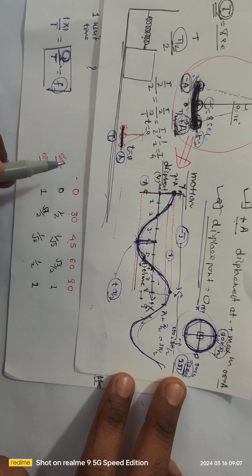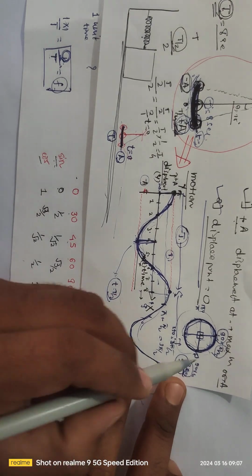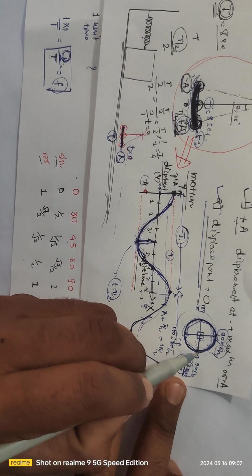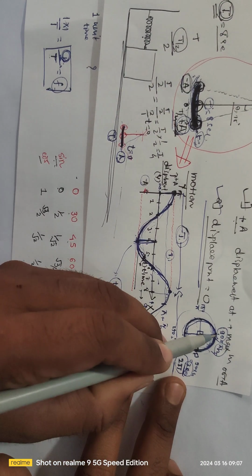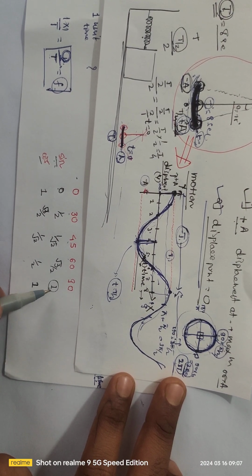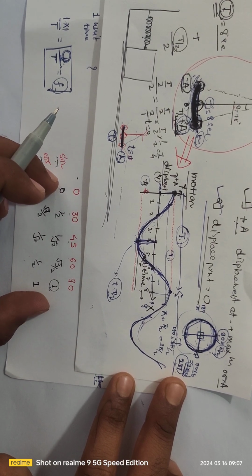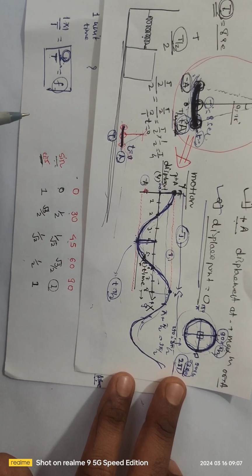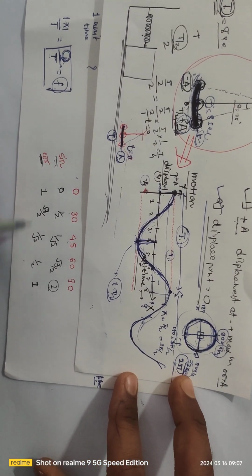So if I take the sine function, at 0 degree it will become 0, and for sine 90 it will become 1. It becomes 1 means extreme, maximum position, 0 to maximum. For cos it is just reversed, just inverted.